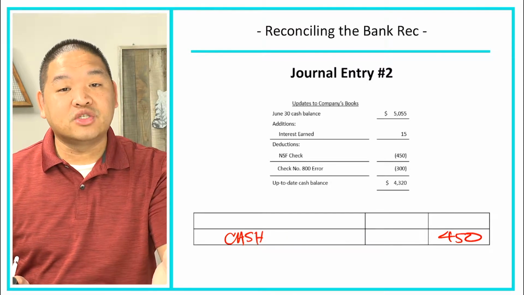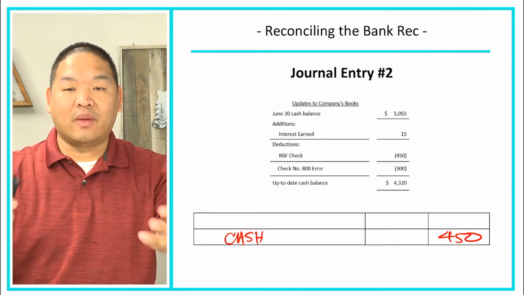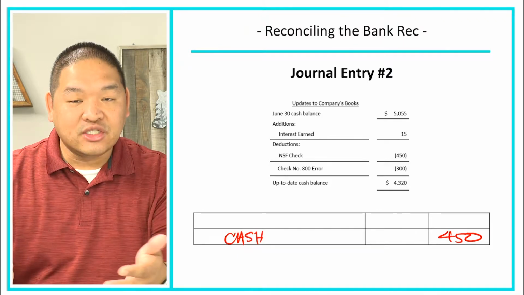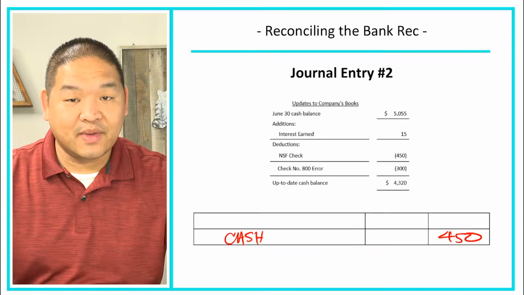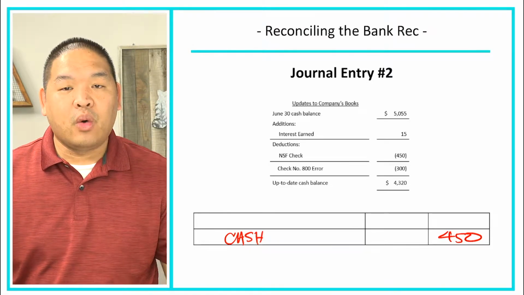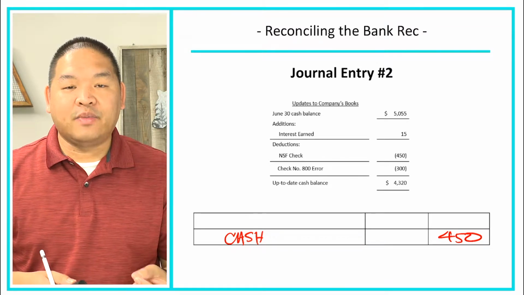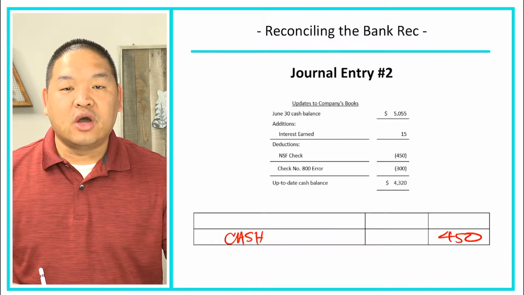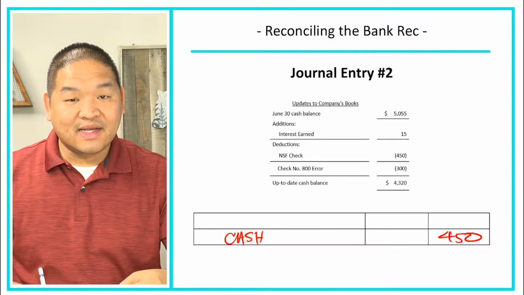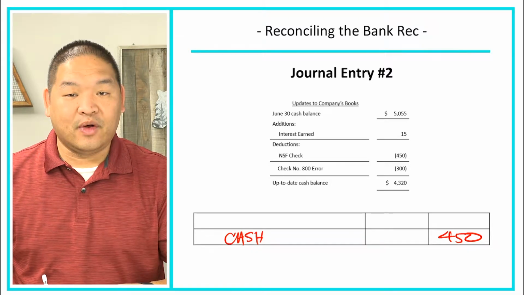Now, if you remember originally, what did the bank do when they received our deposit? They added it to our bank account, so that increased the bank account. Now we're going to decrease it because the money is no longer there. But what caused that deposit? Well, what caused that deposit was the original payment from the customer. And so when the customer paid us, we debited cash and credited accounts receivable.